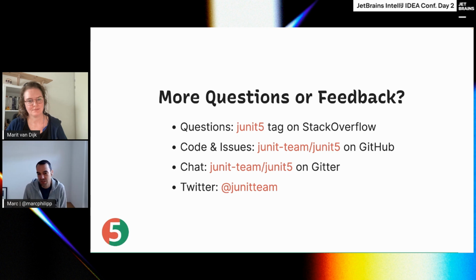There's our GitHub project, which you can use to open an issue. There's also a chat tool that we use, called Gitter, which also has a lot of community members in there. So, just go there. And last but not least, a Twitter account for the JUnit team as well. So there's multiple ways of interacting with us.